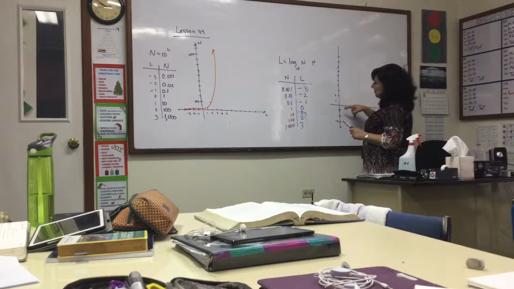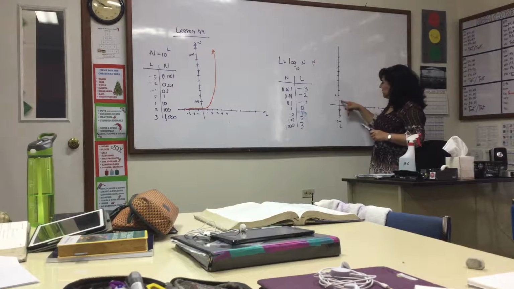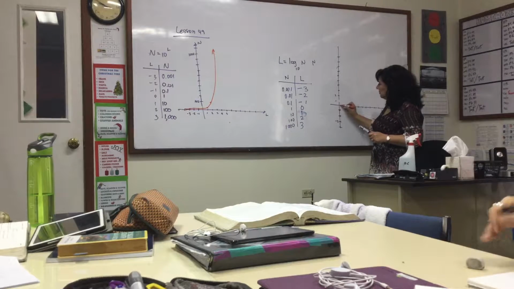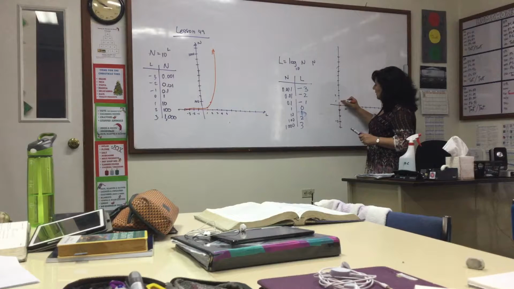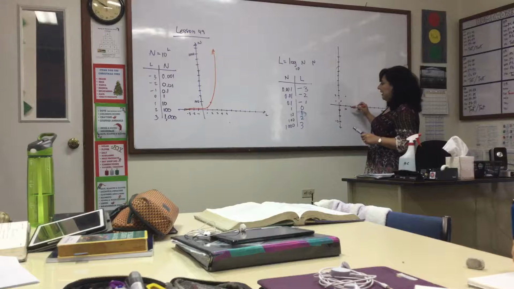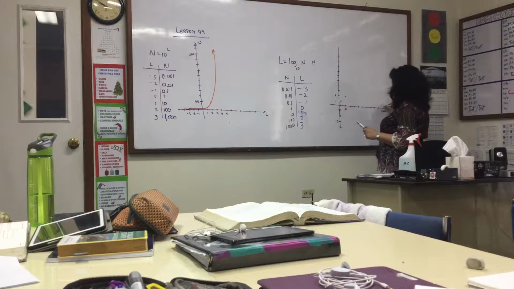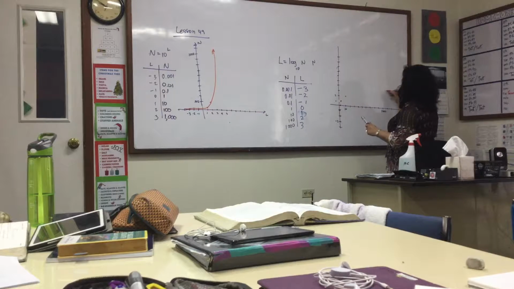No, when it's 1, it's 0, so it's here. When it's 10, it's 1. And then when it's 100, it's 2. And when it's 1,000, so it's down here, it's 3.